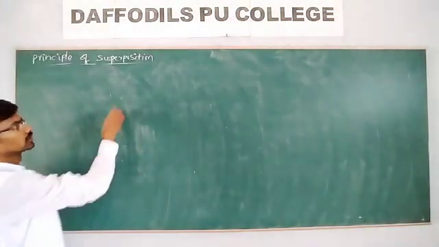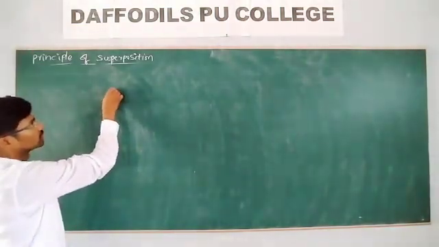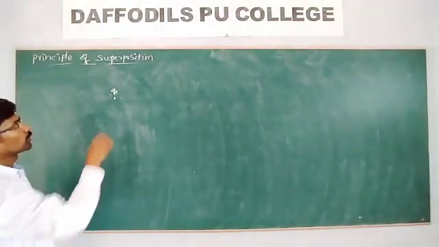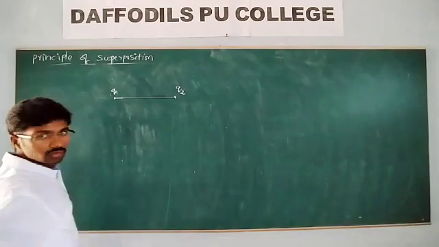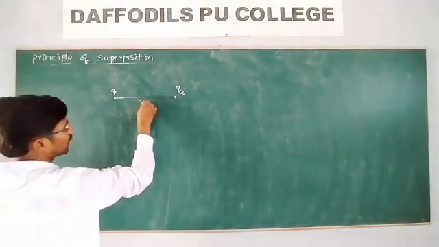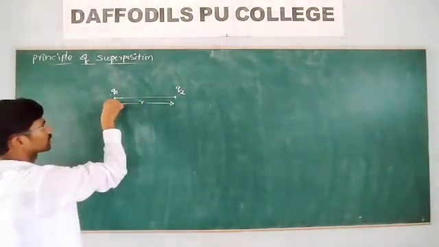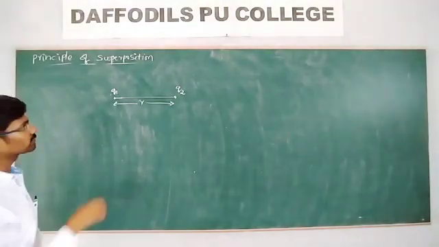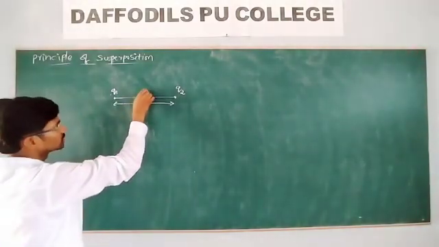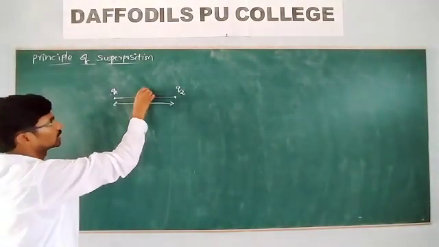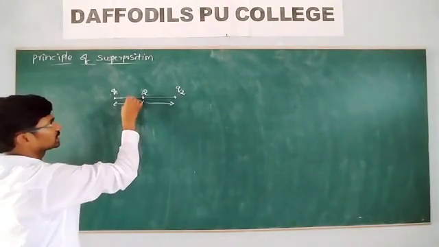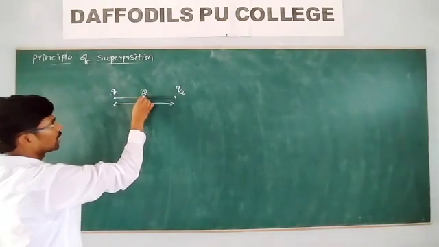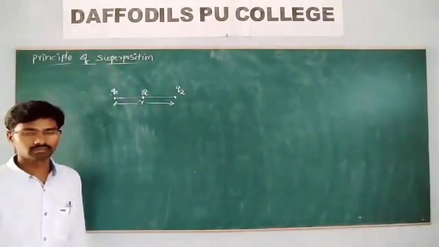Let us take a charge Q1 and one more charge is placed at Q2, which is at a distance R. Now we have taken a third charge Q, which is placed in between the two charges.